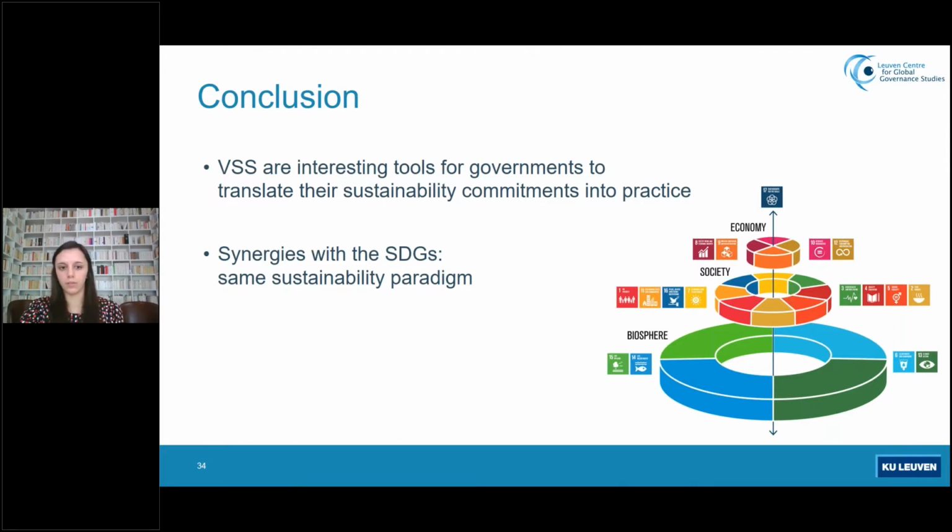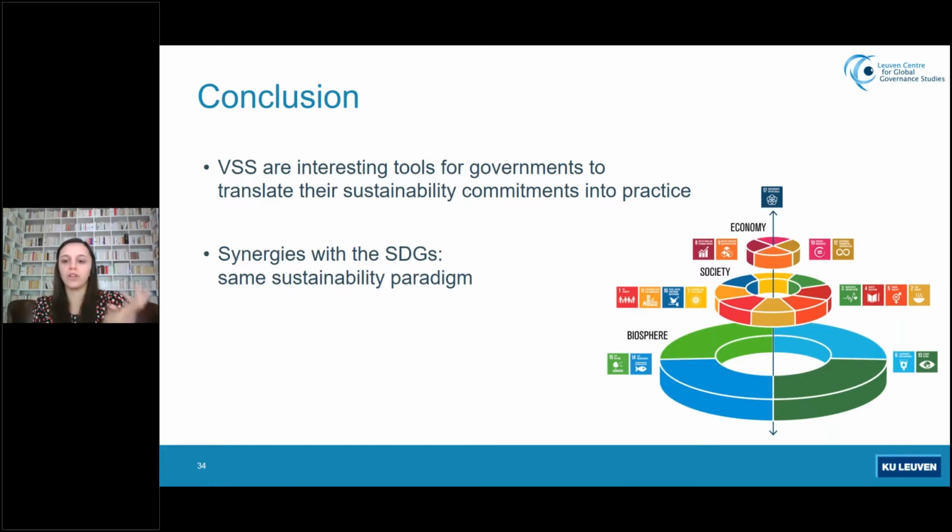In particular, I would also like to mention that VSS have a lot of synergies with the SDGs. You should all know how the SDGs are constructed and put in place now, because you are, of course, all following the MOOC on the SDGs. But indeed, VSS have great potential to make progress on many SDGs, because the VSS and the SDGs rely on the same sustainability paradigm, and they share common goals.